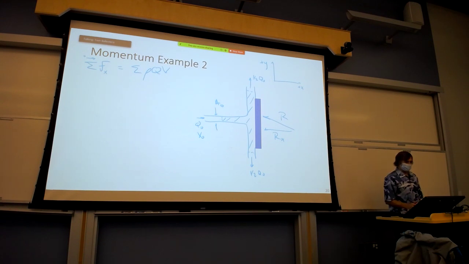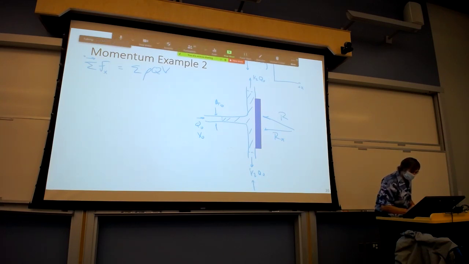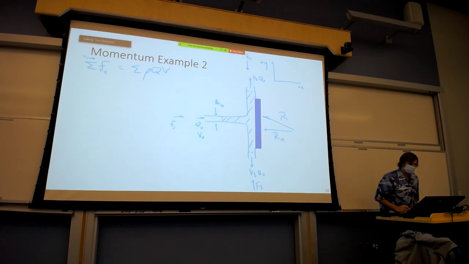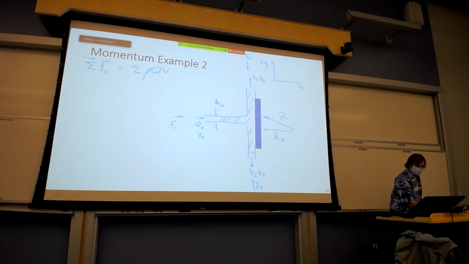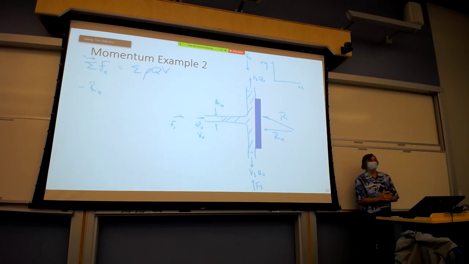So on the left-hand side, the sum of the forces, well, we've got F2, F3, F1. But as I said before, since they're all free jets, they're all zero. All you have for the sum of the forces is minus Rx. That's it.